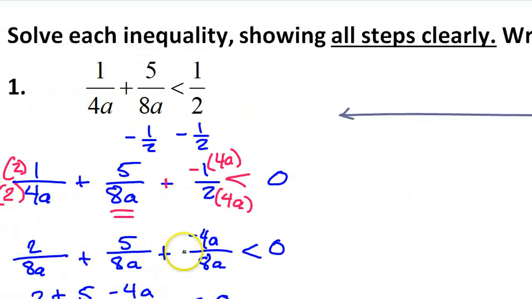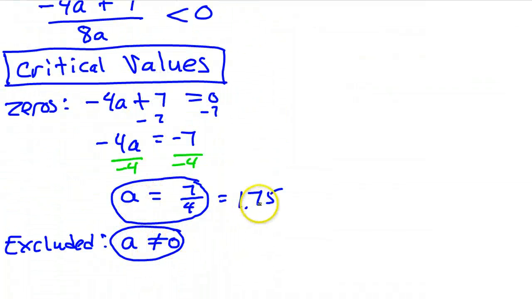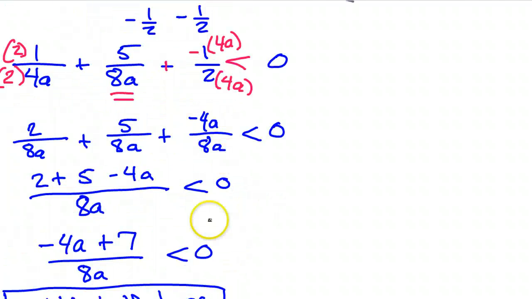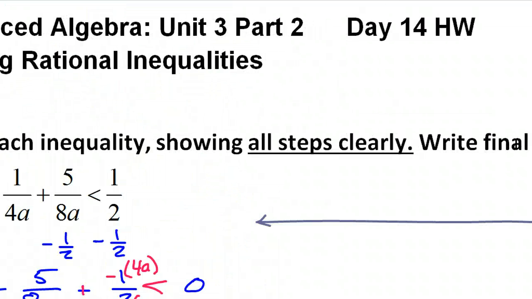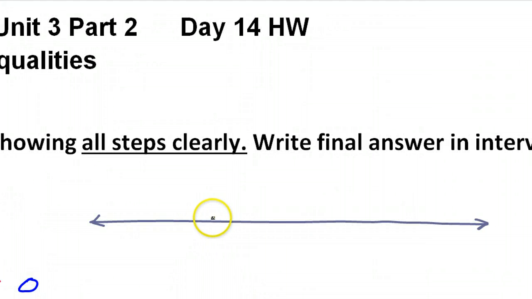I've got to work in my excluded value, so I've got basically 0 and 1.75. Over here somewhere I'm going to put 0, and then over here I'm going to put that 1.75. I've got lots of space, so I'm spreading out.